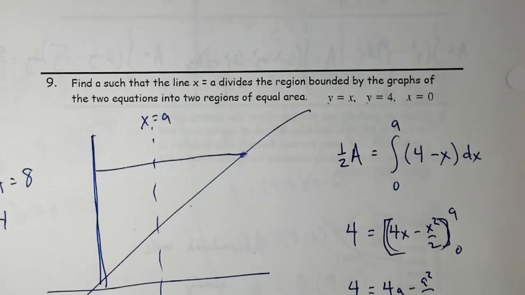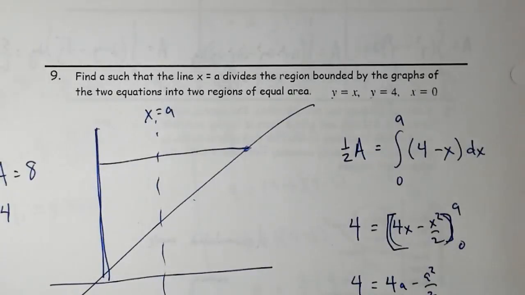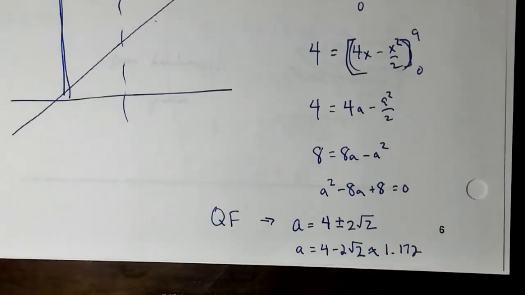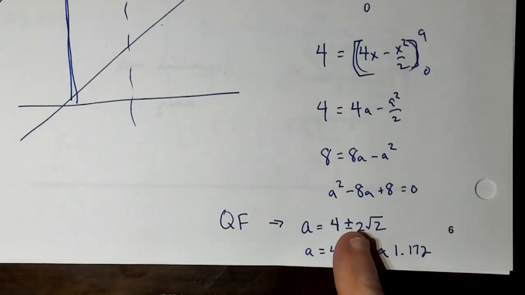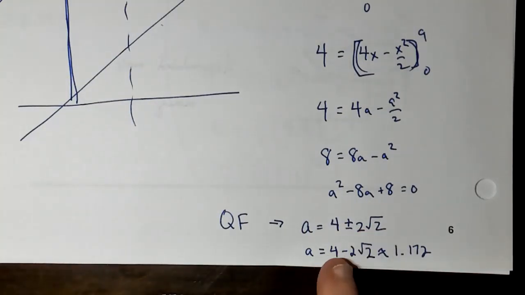So a squared minus 8a plus 8 equals 0. 17 seconds left. You've got to be able to use the quadratic formula. You get a equals 4 plus or minus 2 square root of 2, and then you take 4 minus 2 square root of 2, which is approximately 1.172. Hopefully this helps.